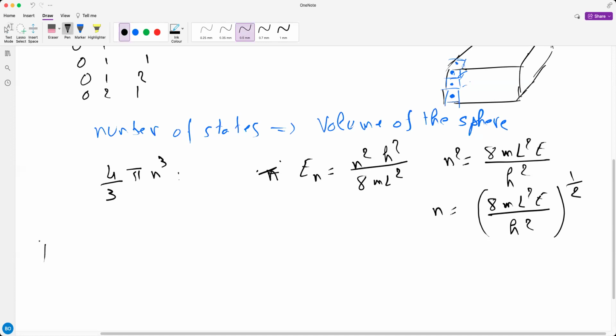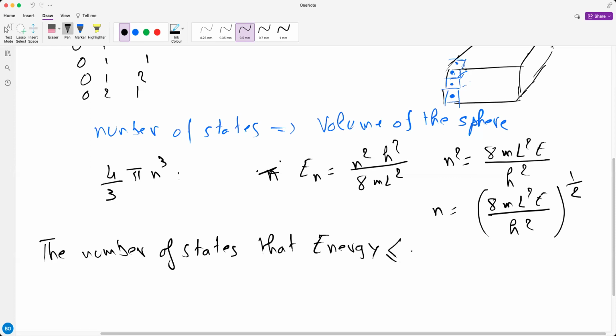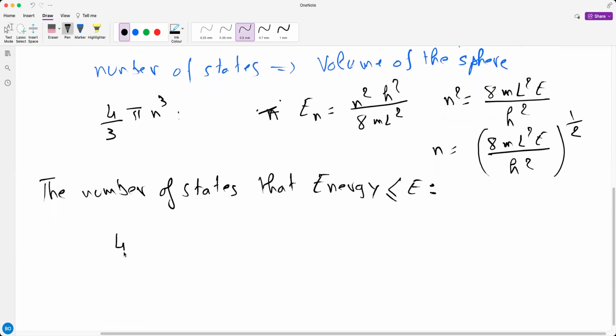So the number of states that have energy smaller than or equal to E, which is inside the sphere, is 4/3 pi n cubed.